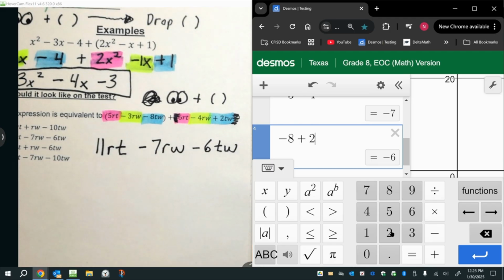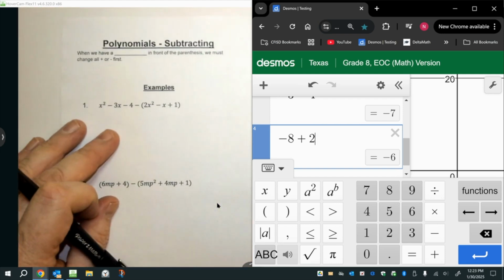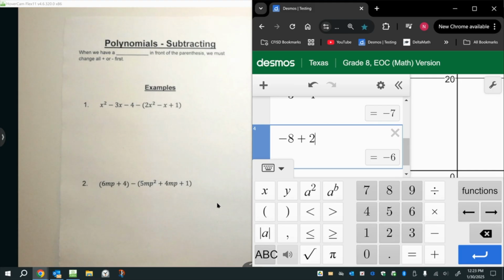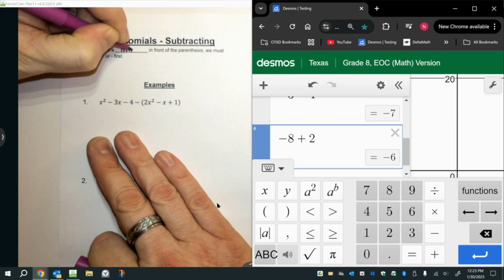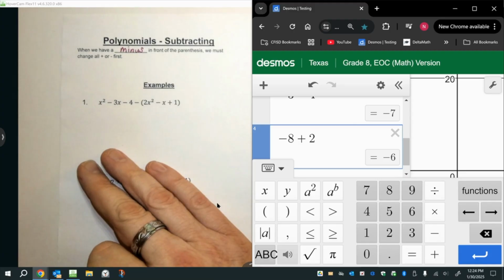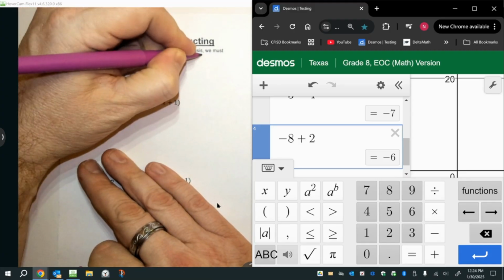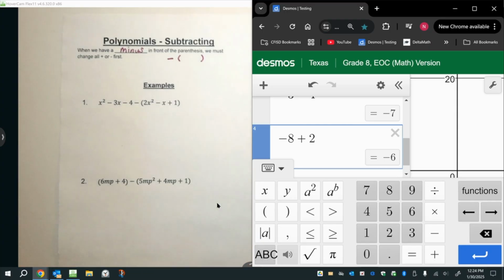All right, let's take a look at the next thing. So we also have solving by subtraction. So when I see subtraction, we're thinking, oh, we have a minus in front of our parentheses. Then we have to change all the signs.